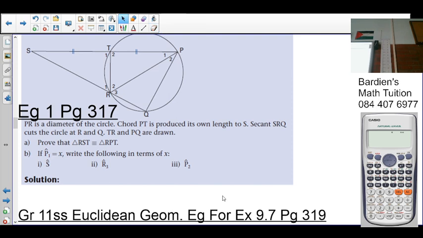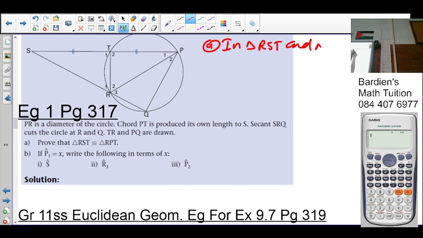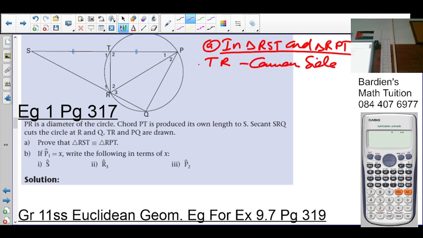So where do we start? We say in triangle RST and triangle RPT, TR is your common side. Secondly, ST is equal to TP. Why? Given equal.